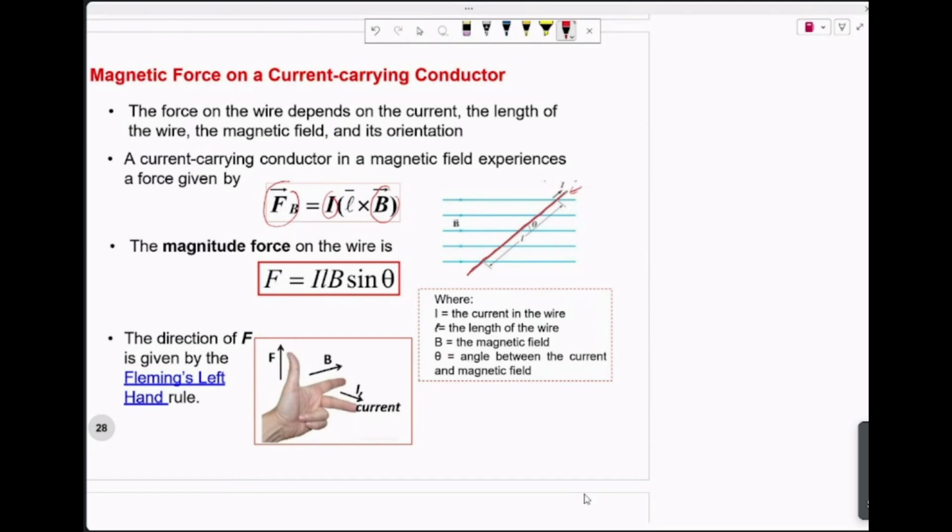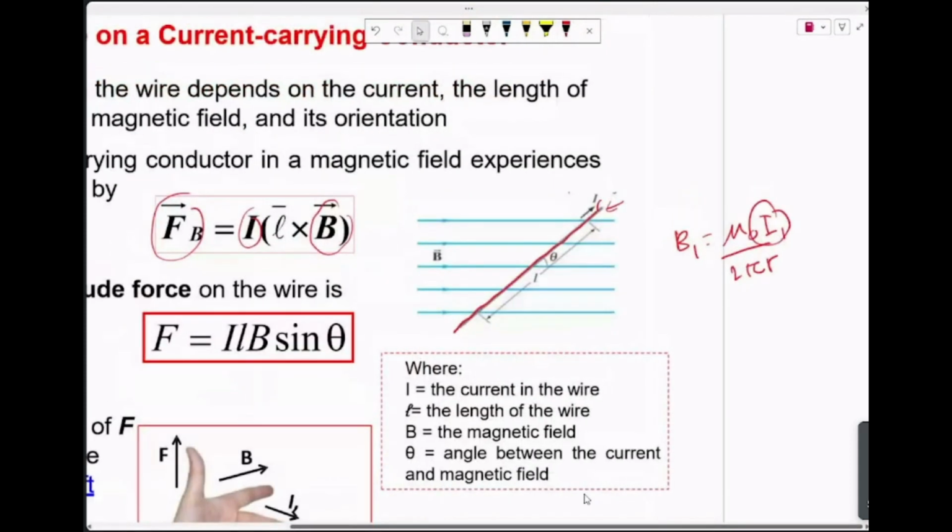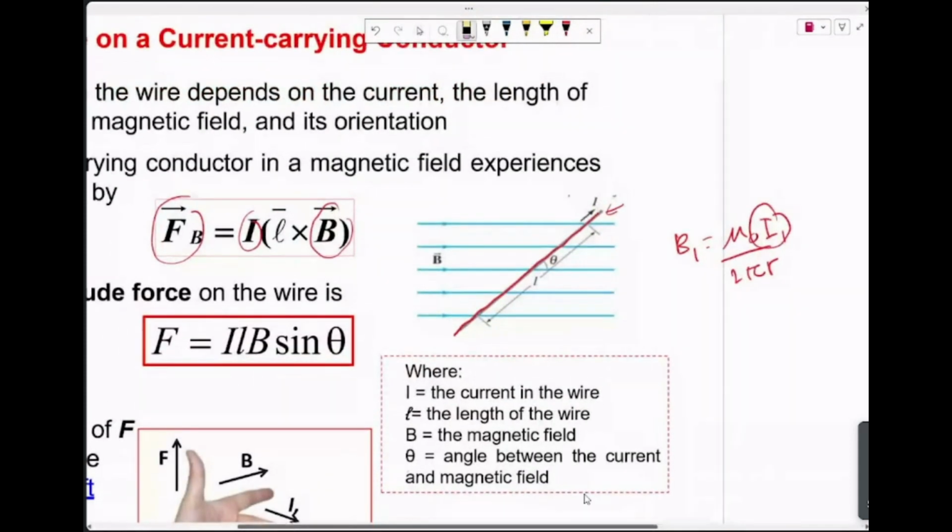What I mean by that, okay? If I were to write down here, B equal to mu naught I over 2 pi R, this magnetic field, if I put I1, would be B1, and this is I1 here. In this case, this magnetic field is due to the current.